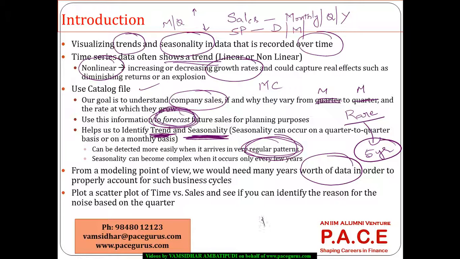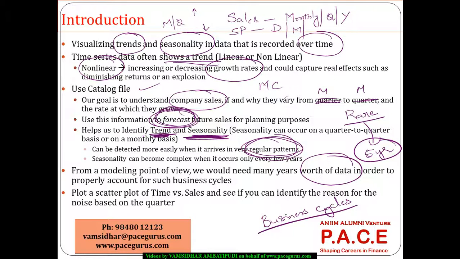That kind of data we call cyclical data. I don't call it seasonal data. Probably business cycles or some other cyclical data which can happen only once in a while. In those cases, if I have to model that kind of data, the time periods for which I require the data would be much longer.